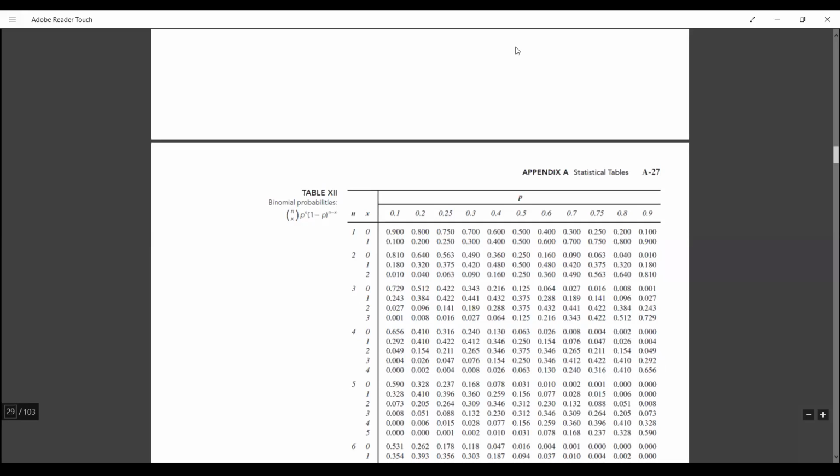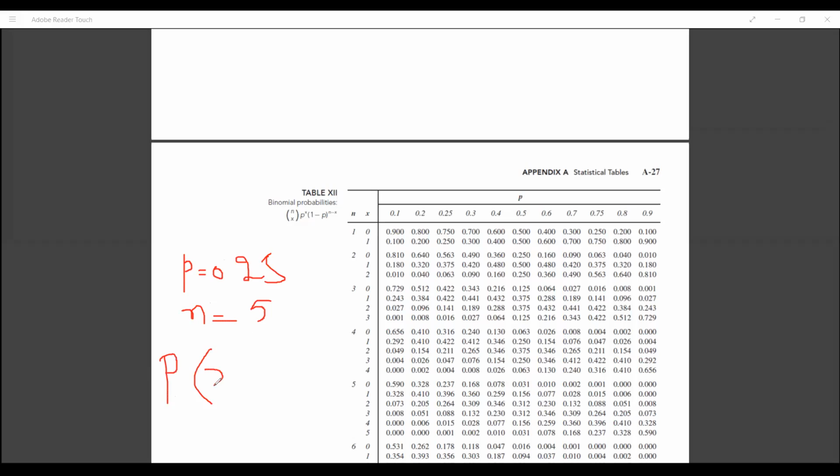So what was the parameter in the last problem? In the last problem, P was 0.25 and N was 5 senators. And in what was I interested? I was interested in the probability X is greater than or equal to 1.